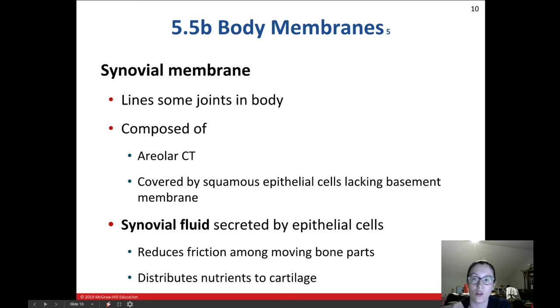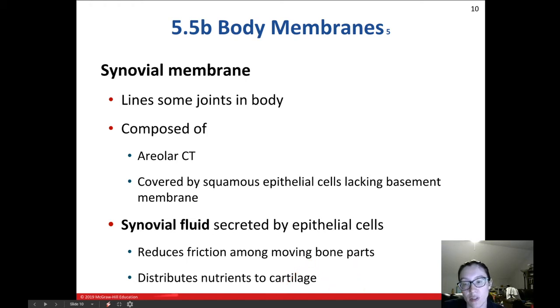And so this synovial membrane, we'll talk more about this in chapter 9, we'll come back to it, but it's composed of areolar connective tissue that's covered by squamous epithelial cells, and they actually don't have a basement membrane. So remember when we talked about basement membranes, we said not all of them have it, but these don't. And our synovial fluid is secreted by these epithelial cells, and it's going to reduce friction between the moving bones and between the cartilage.